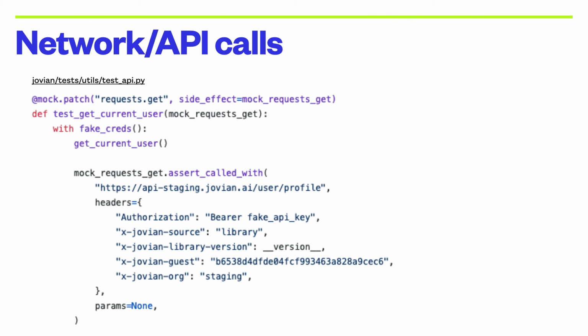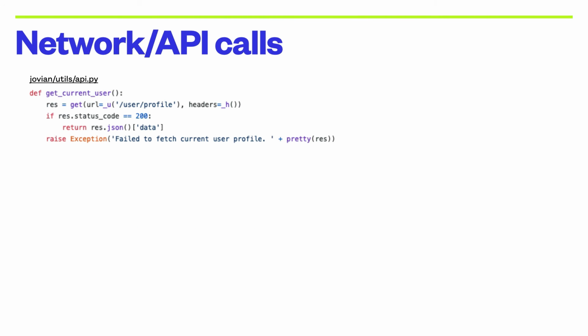And what is it mocking? It's mocking requests.get. Because if you saw in the previous slide, I'm calling the get function, which is actually imported from the requests library. I should have shown that, but you can trust me on this.